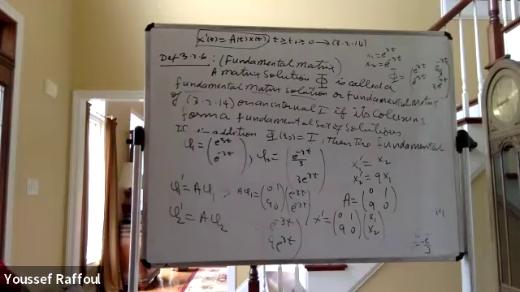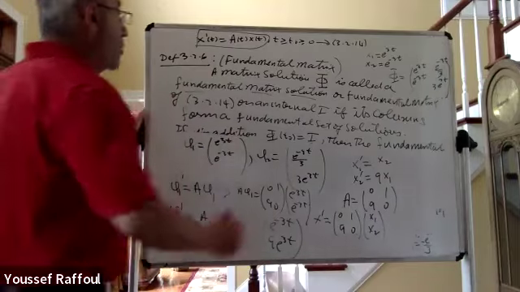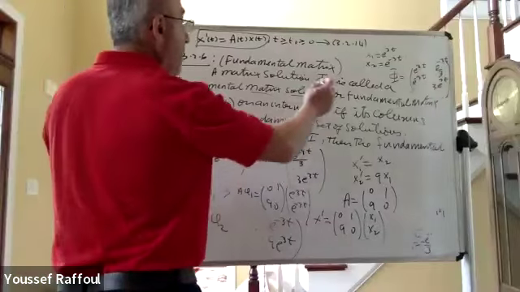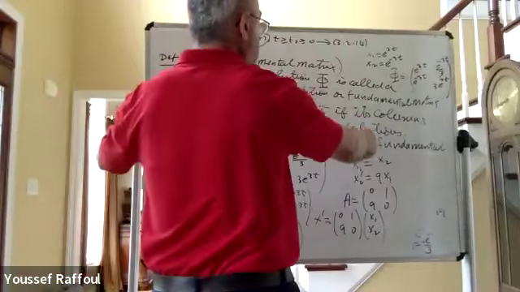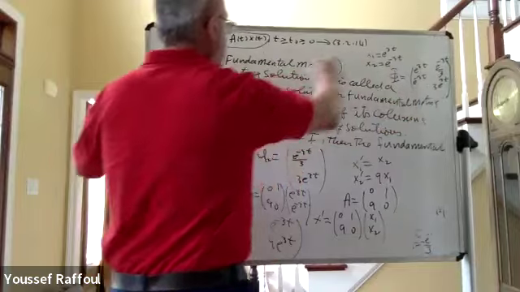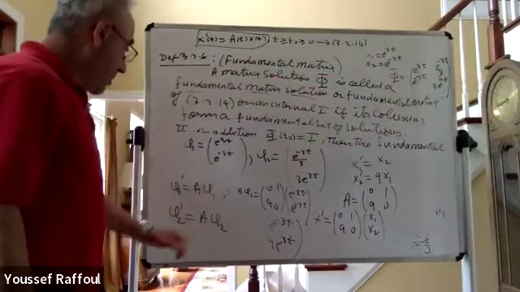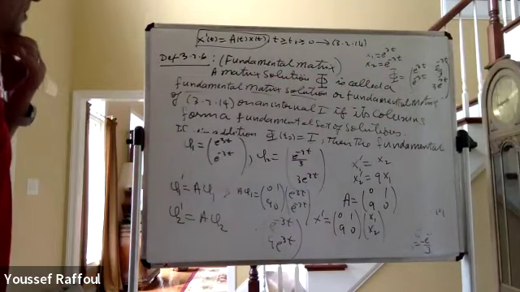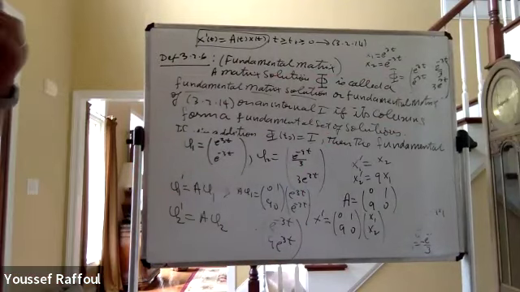Okay. All right, let me see where I am. So this is what it really means. If this matrix phi has columns phi 1, phi 2, then you should have phi 1 prime equal A phi 1, phi 2 prime equal A phi 2, and so forth. Okay?